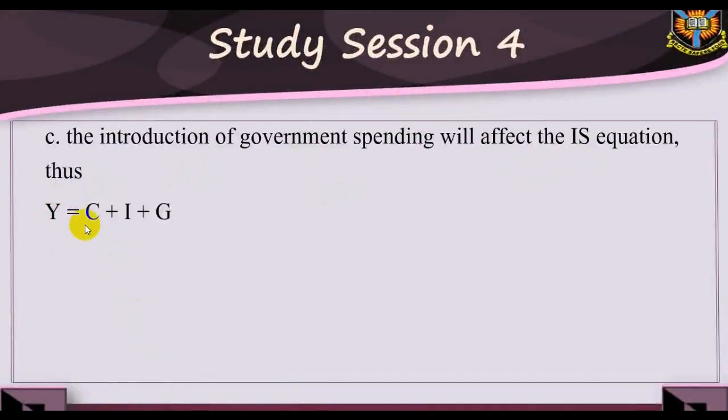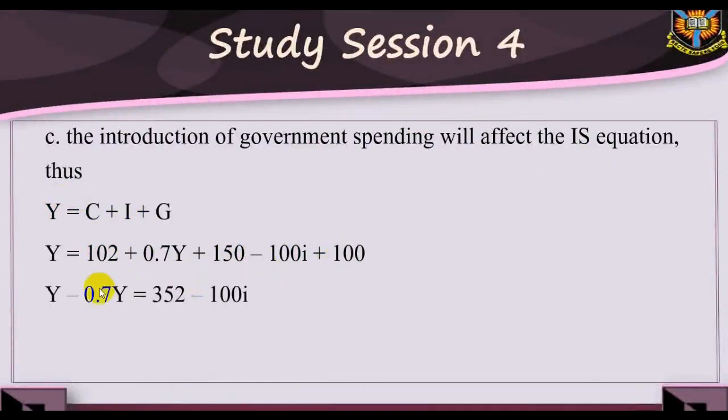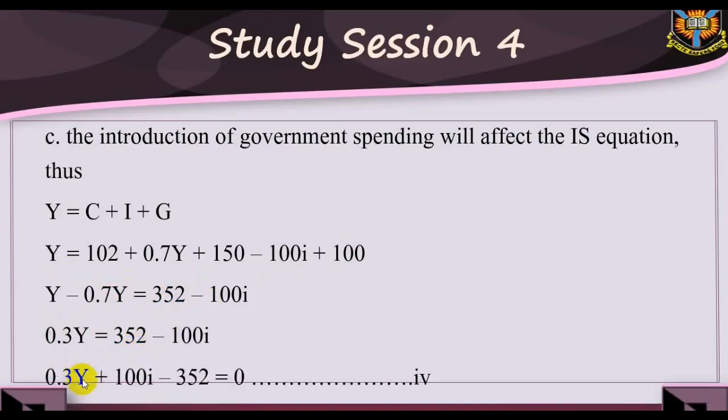Thus, Y equals C plus I plus G. Y equals 102 plus 0.7Y plus 150 minus 100i plus 100. Y minus 0.7Y equals 352 minus 100i. 0.3Y equals 352 minus 100i. 0.3Y plus 100i minus 352 equals 0.